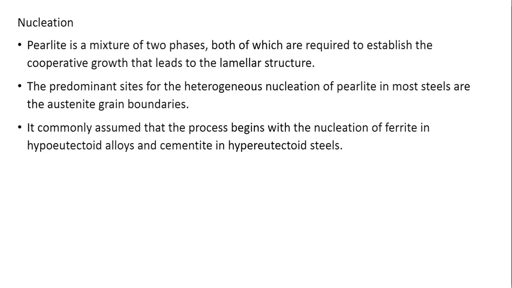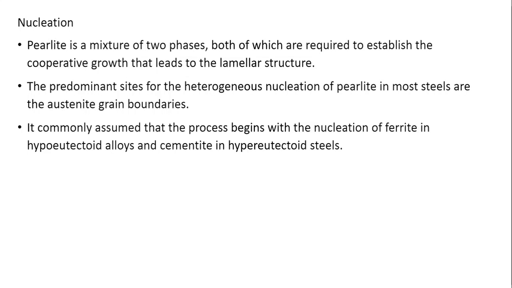So, nucleation of perlite. Perlite is a mixture of two phases, both of which are required to establish the cooperative growth that leads to the laminar structure. The predominant sites for heterogeneous nucleation of perlite in most steels are the original austenite grain boundaries.